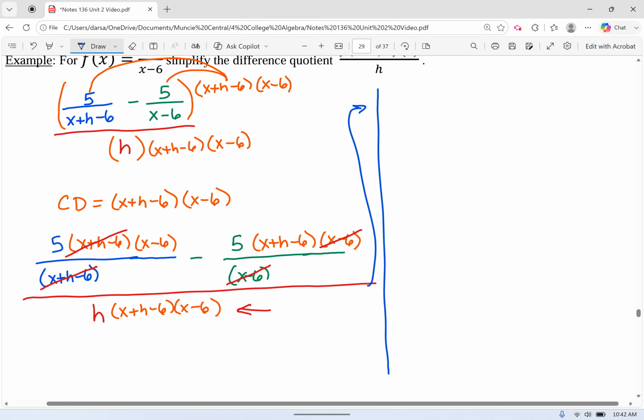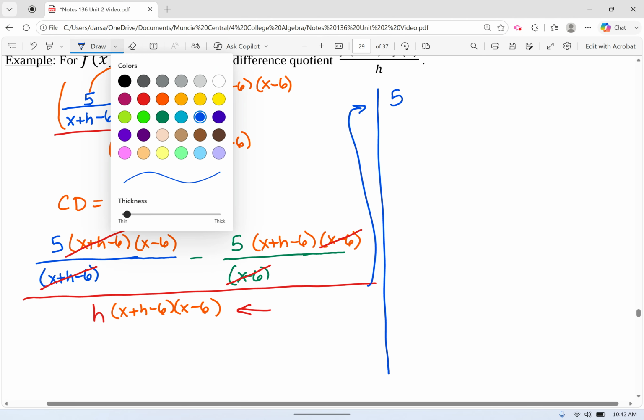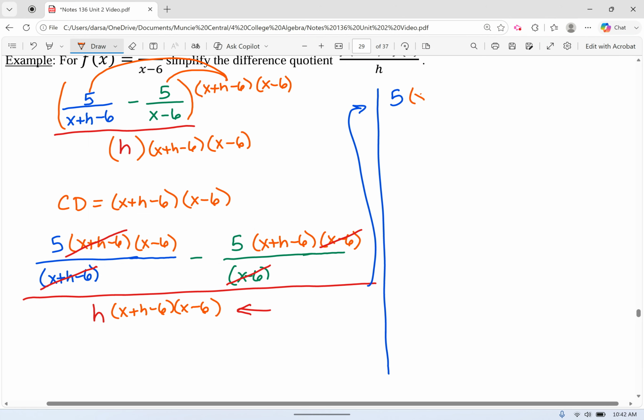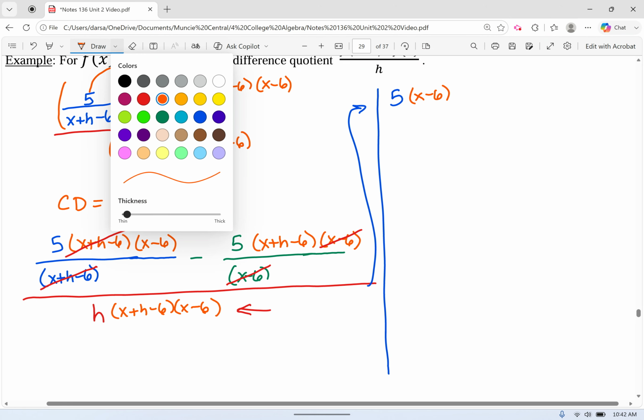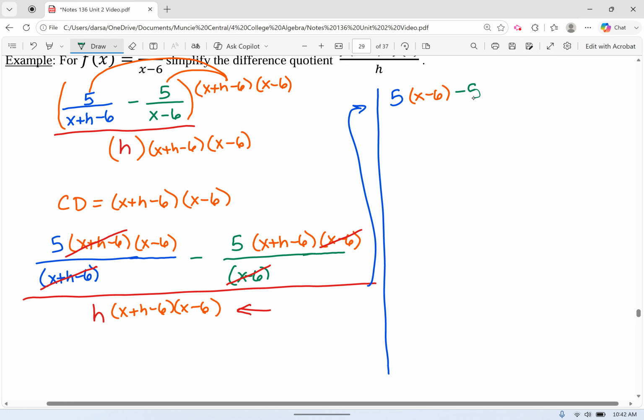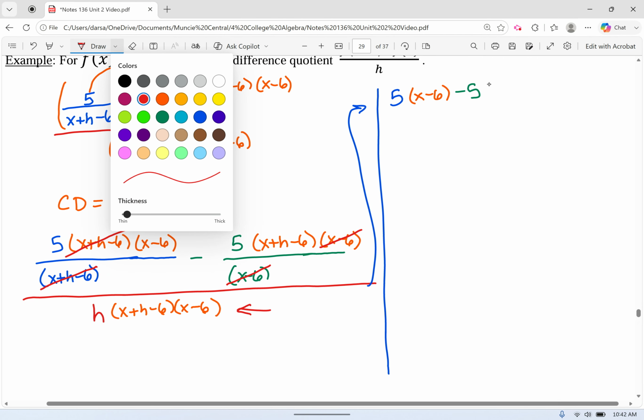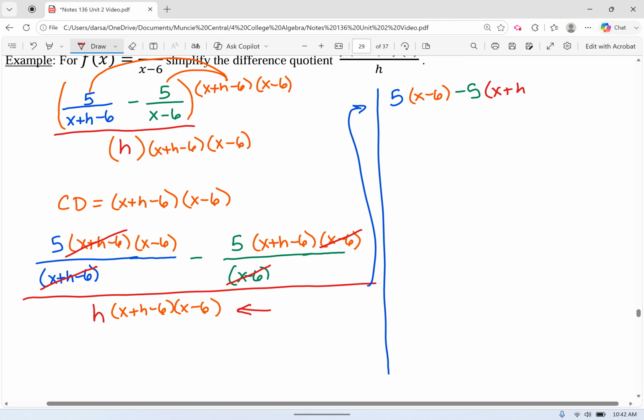What do we have left here? We have a 5 times an x minus 6. And then we have minus 5, and this one is times x plus h minus 6. And then we have the whole thing over h times x plus h minus 6 times x minus 6. Okay, now there's always a step that once we get the first simplify done, we distribute.